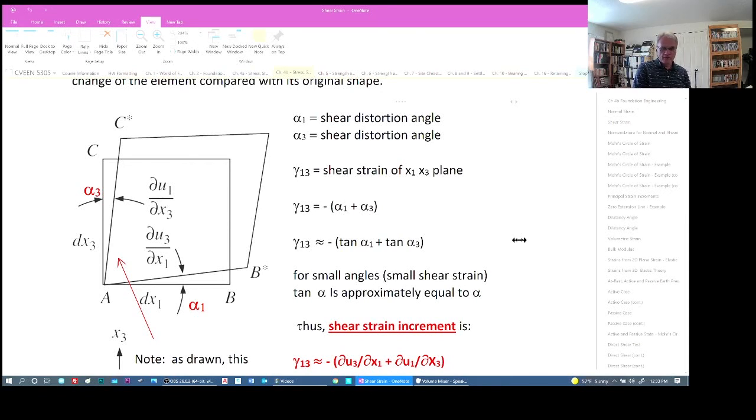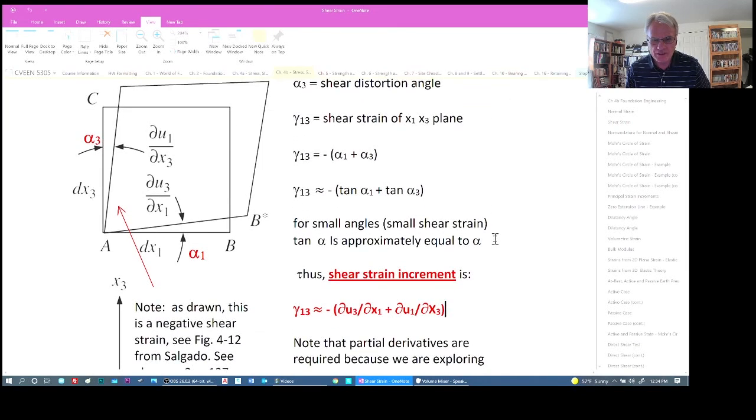Another way of thinking of this is that gamma 1,3 is approximately equal to the tangent of alpha 1 plus the tangent of alpha 3. These two are approximately equal for very small shear strains, because the tangent of alpha is approximately equal to alpha for very small angles.